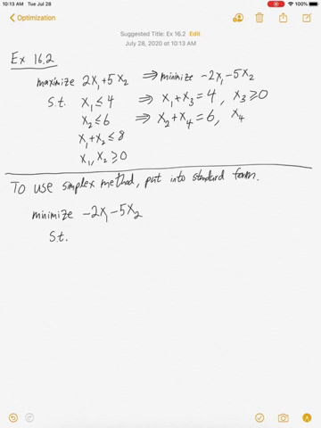And we're also going to require that x4 is at least 0. All right, we also have x1 plus x2 is at most 8. We do the same thing. We add a new slack variable. This time let's call it x5. And again, we require that x5 is not negative.